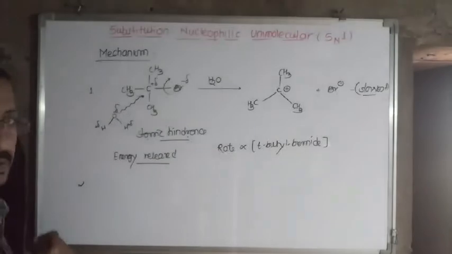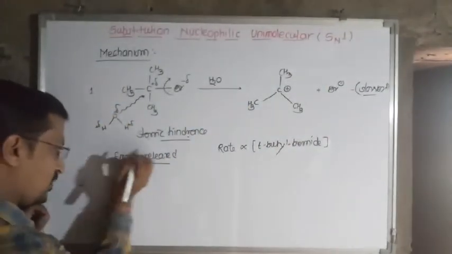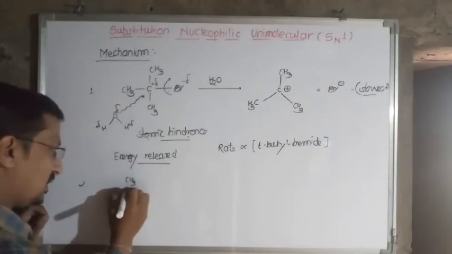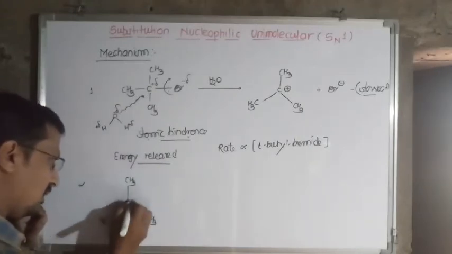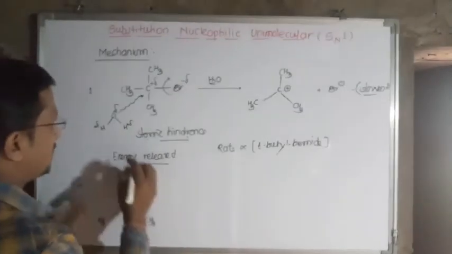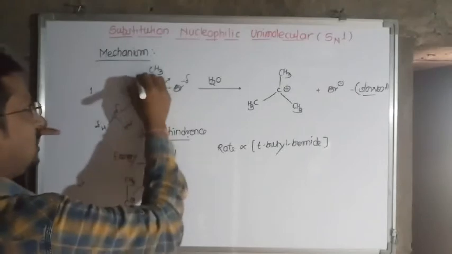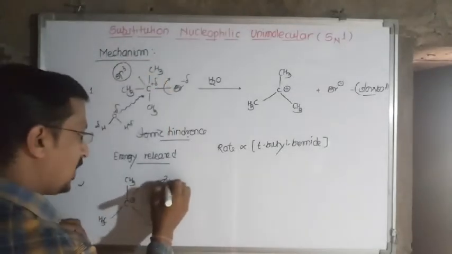And in the second step, consider the carbocation that is formed, (CH3)3C+. The carbon changes its hybridization state. In the substrate it is sp3 hybridized, but here it is sp2 hybridized.